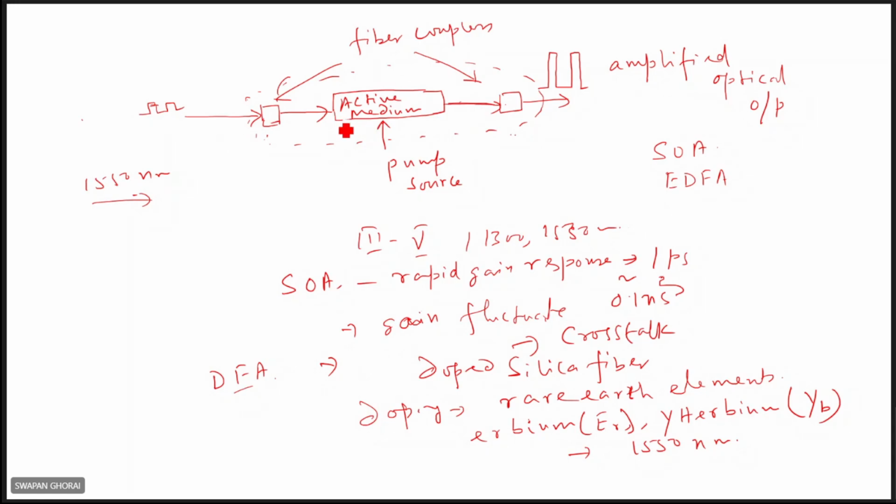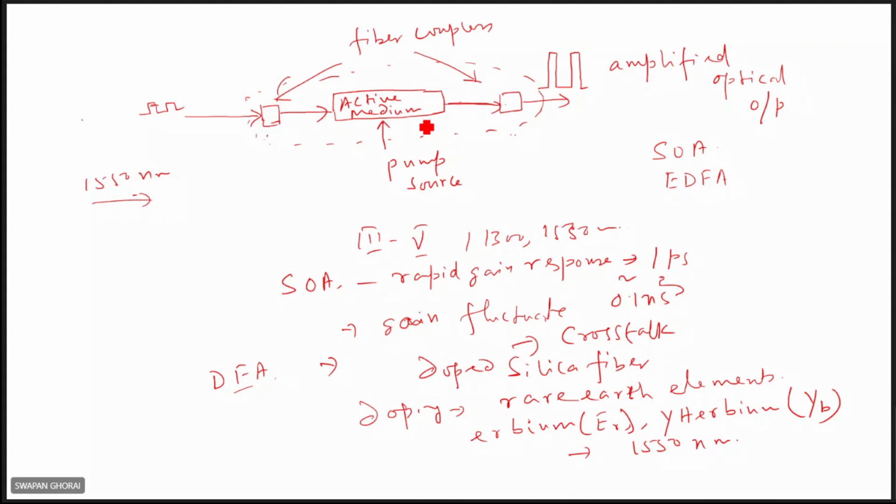In the upper energy state, the population will be high, and in that case, if the incoming signal strikes this system, then the excited electrons will be forced to make a downward transition. I mean, stimulated emission will occur. But keep in mind, it is not a coherent output like a laser device, right? But it will provide the amplification, right?